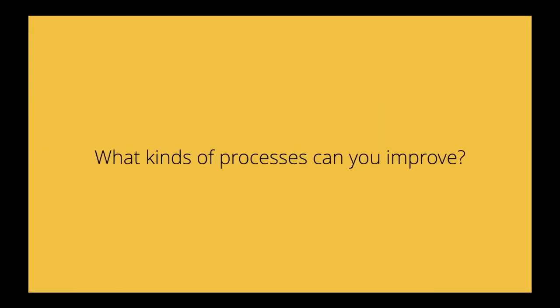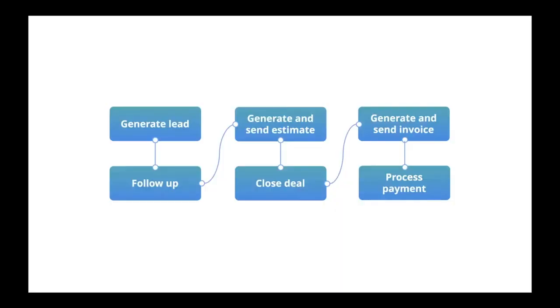So when we talk about apps being able to improve processes, of course, the question for you, probably to me immediately, will be, well, what kind of processes are you talking about? What kind of things can you do? So I'm going to quickly go over a few processes that we can deal with.